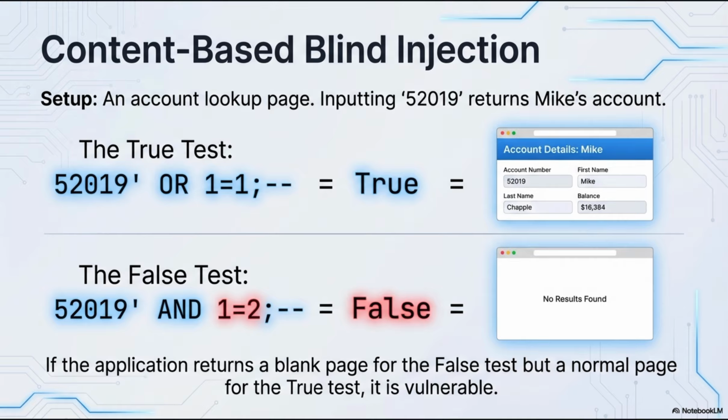So you can see with these screenshots, it was able to find Mike's account number because they changed the condition that's always true and turned it into something wherein they both need to be true. And since one of them is false, the result will be false. So again, if the application returns a blank page for the false test, but a normal page for the true test, then it is vulnerable.